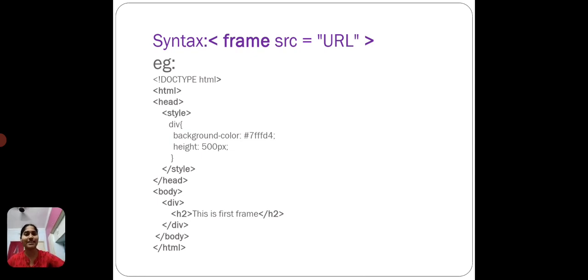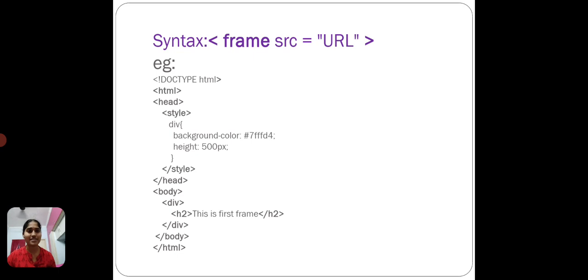The syntax is frame src equal to some URL, which we give here, as clearly seen. We can see a little example for this. We are using a div tag, and we have given our HTML head and style.